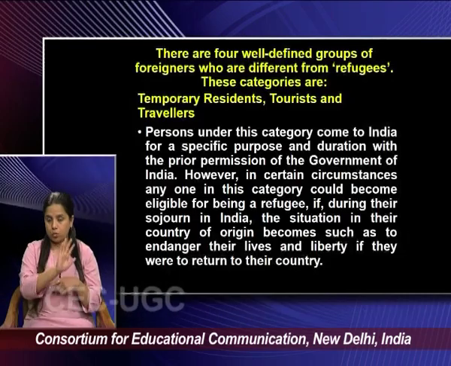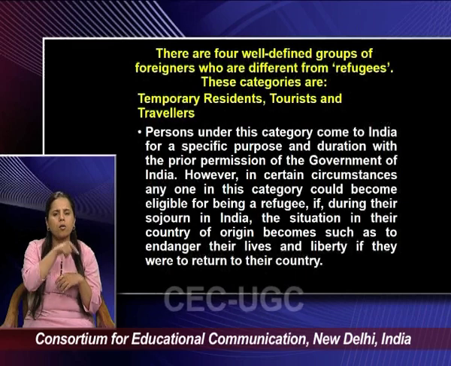There are four well-defined groups of foreigners who are different from refugees. These categories must be understood by our media community, communicators, and scholars. What are the categories? Those who are not refugees: temporary residents, tourists, and travelers.